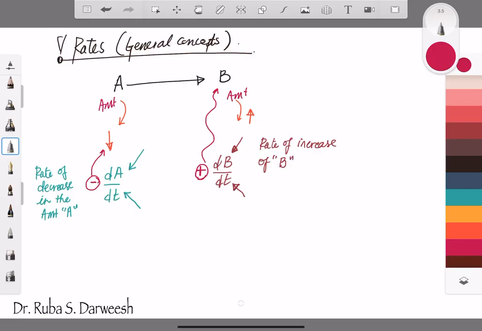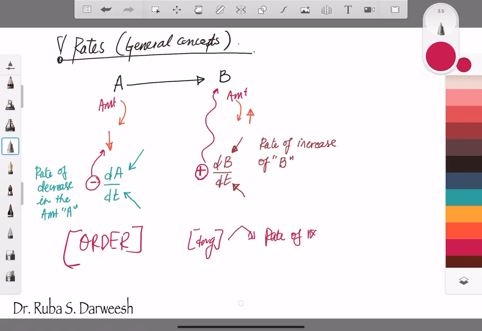Okay, so when we are talking about the order of the reaction, it is the way that we have a relationship between the concentration of the drug or the material and the rate of the reaction.